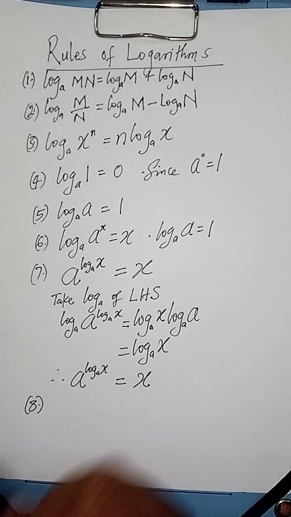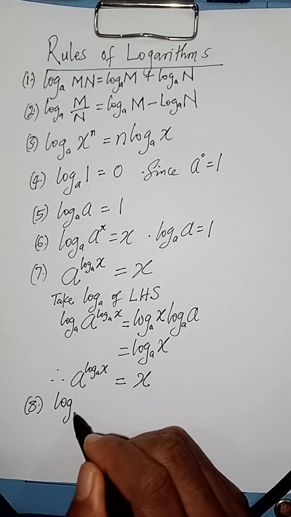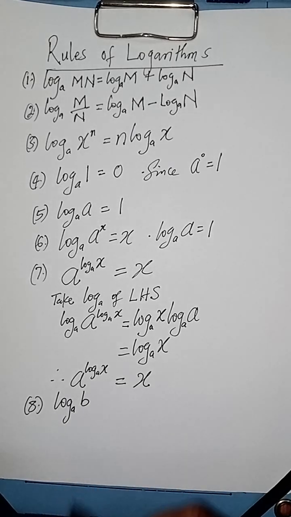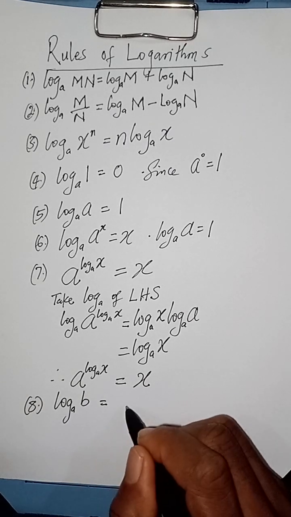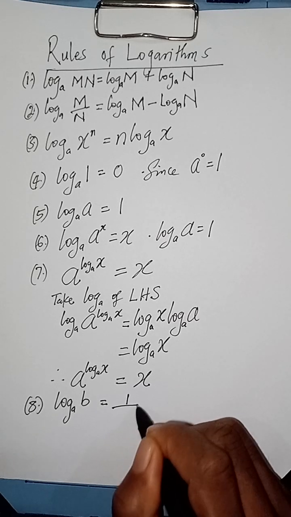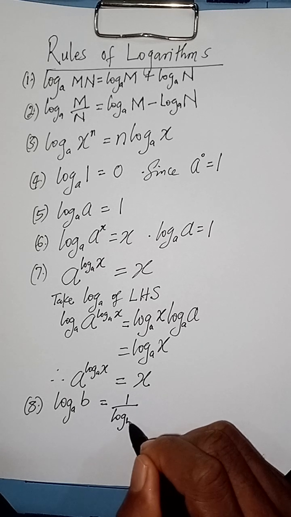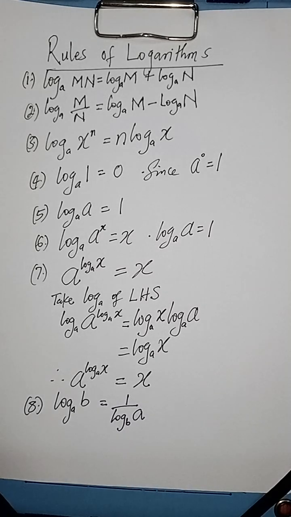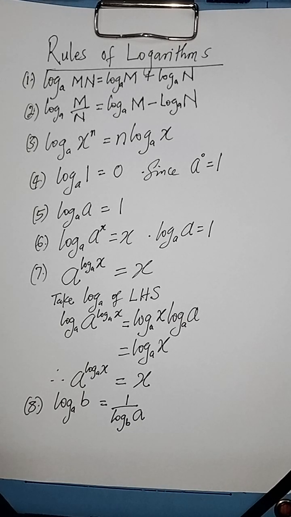And then this is rule number 8. Rule number 8, I have log b to base a. Now this is the same thing as 1 over log a to base b, when you take the inverse. Here the base is a, but here the base becomes b. Why? The a becomes the value of b. There's another way you can write this.